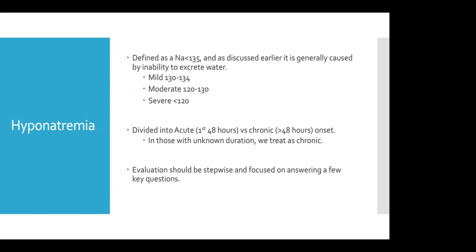So, evaluation really should be stepwise, and you focus on just answering a few key questions. So what's the first thing when you have a patient with hyponatremia that you want to look at and rule out? Okay, clinically, yes. So how about in the differential diagnosis and figuring out what is the cause of their hyponatremia?